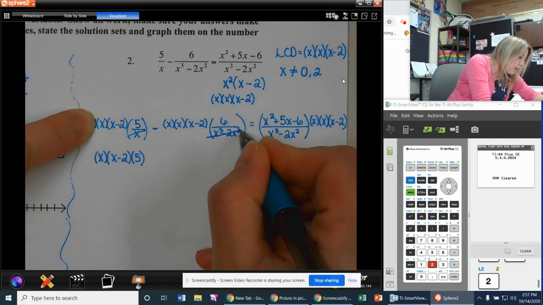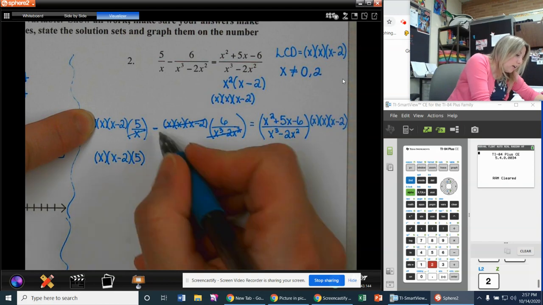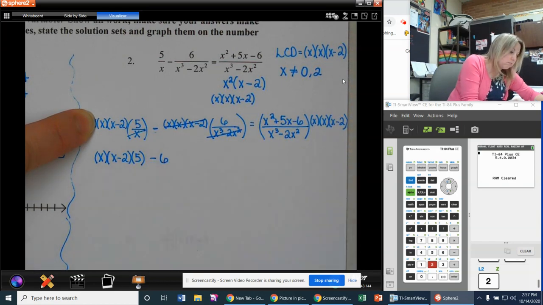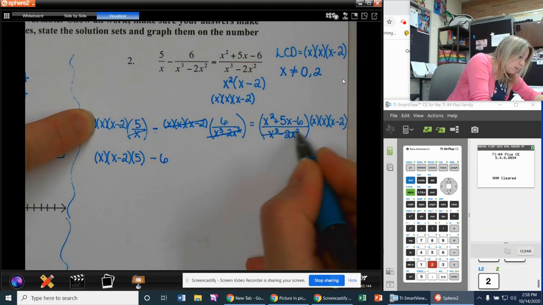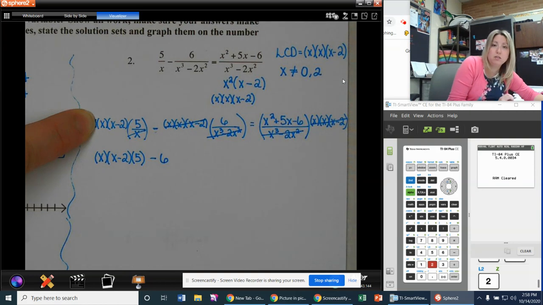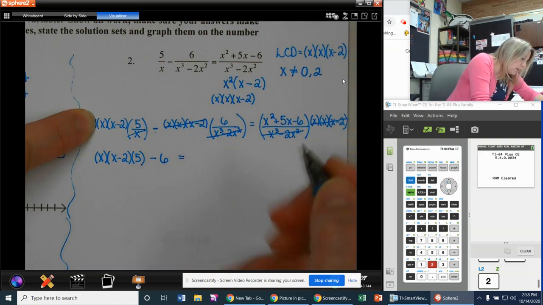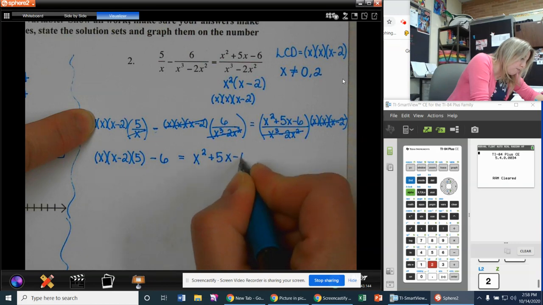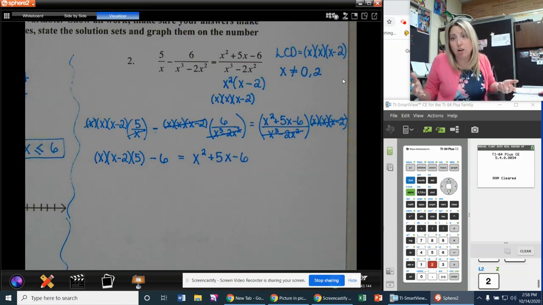So this whole thing cancels out. And really, since I got this minus out here, I'm just left with negative 6. So that's nice. Over on the other side, same thing happened. The whole LCD is gone and just my numerator remains. So, okay, that looked like it was going to be absolutely awful. Now it's just, not great.